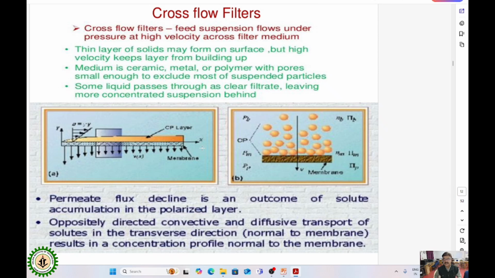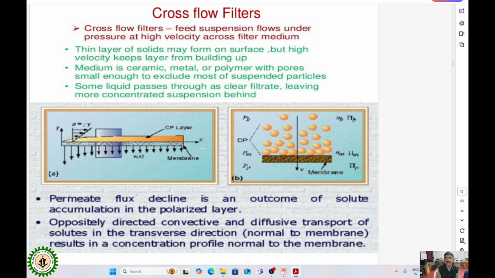Cross flow filter is basically a kind of filtration in the membrane separation process. It is called cross flow because in membrane separation, as in the reverse osmosis process, the flow of the slurry, the suspended liquid, is executed parallel to the surface of the membrane.